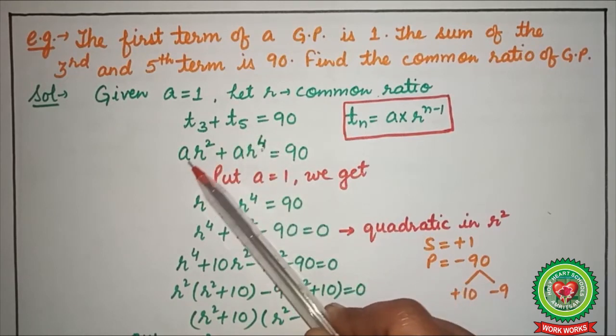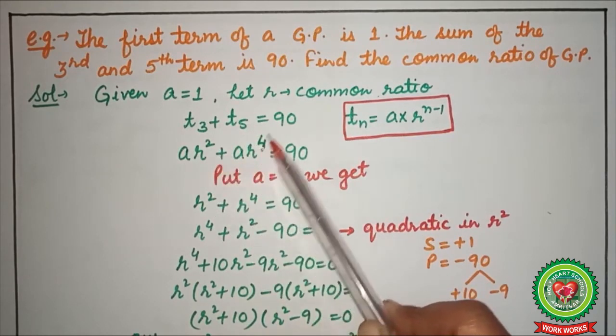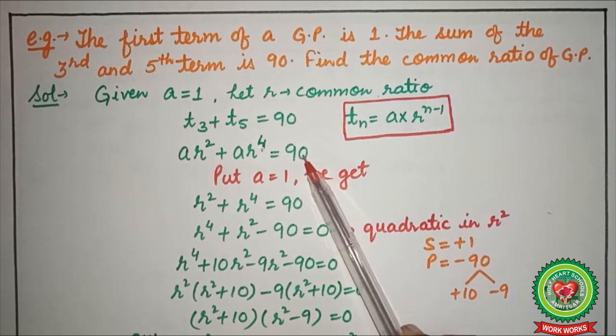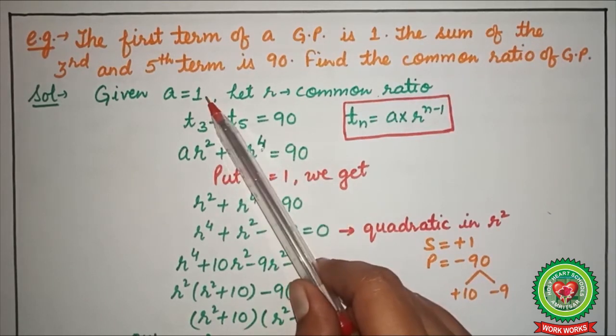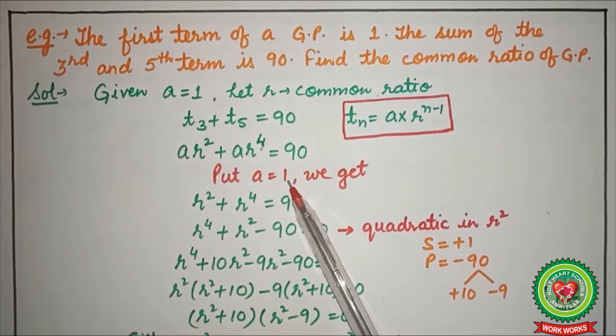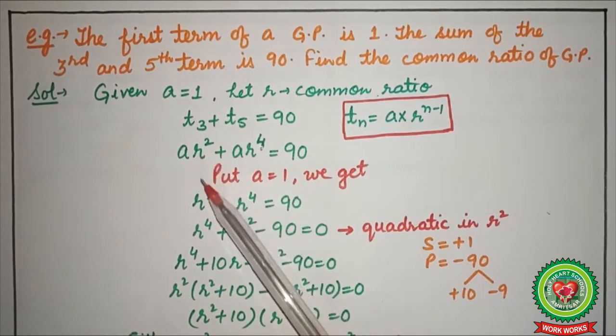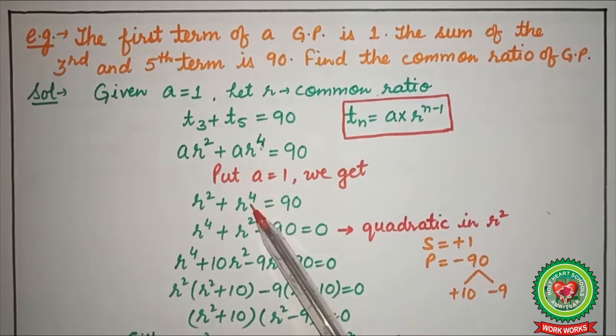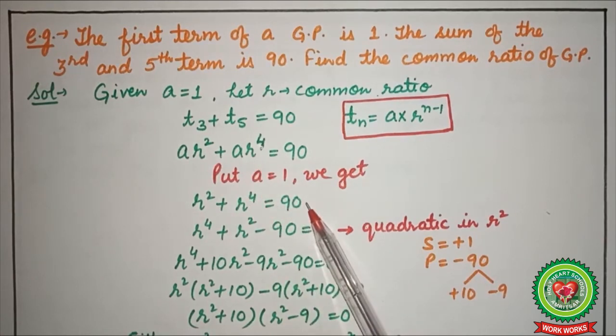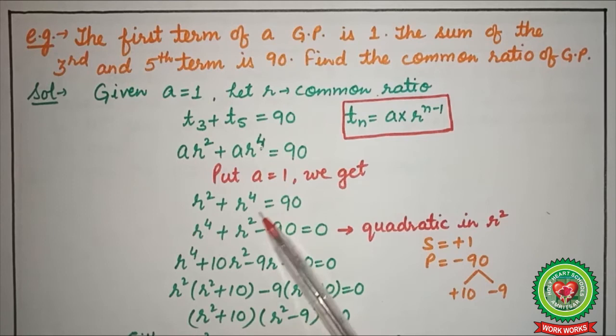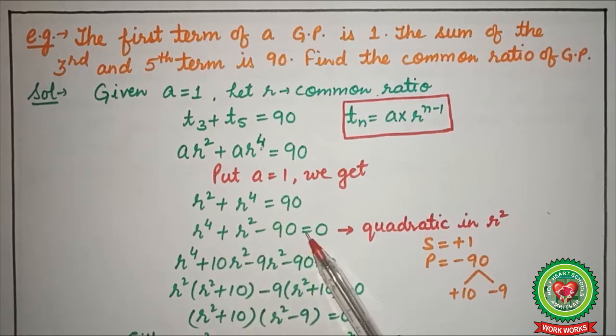We get AR square plus AR raised to power 4 is equal to 90. We have the value of A, so when you put the value of A equal to 1, we get an equation here: R square plus R raised to power 4 is equal to 90. When you shift 90 to one side, we will get an equation.